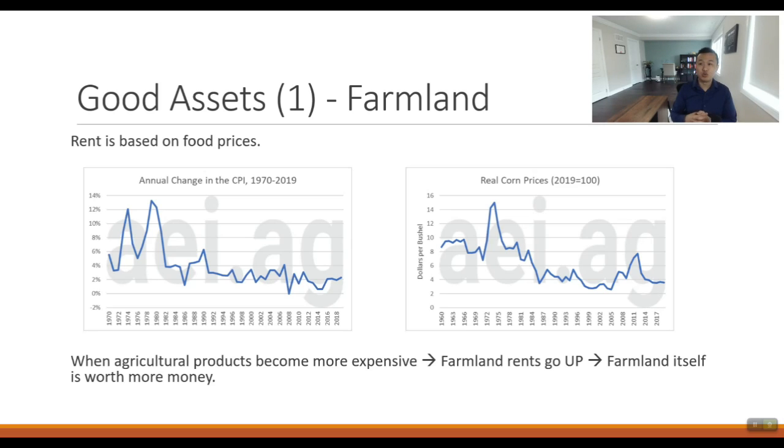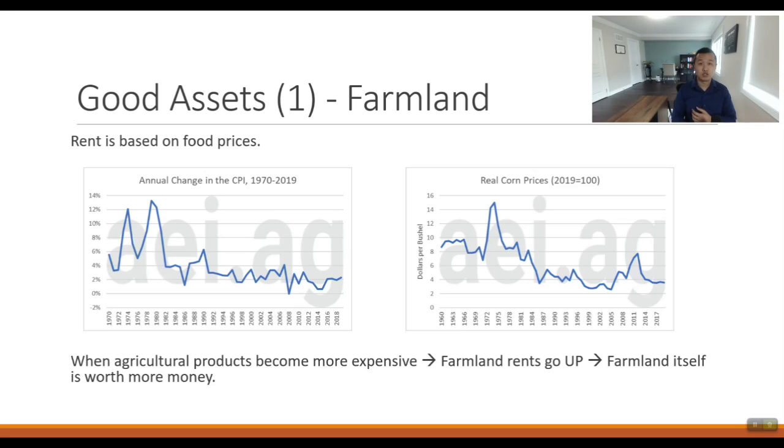So if you want to protect your purchasing power, one of the best assets to buy is actually farmland, because say grocery bills become more expensive, gas prices become more expensive. How do you hedge these prices?